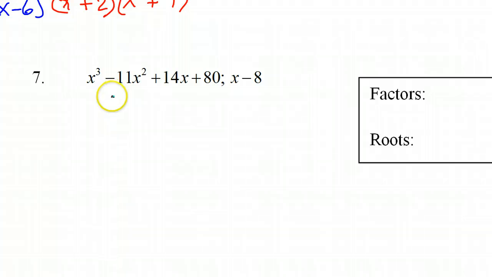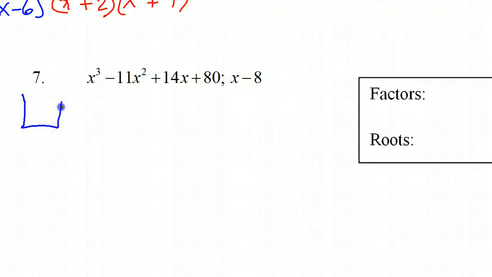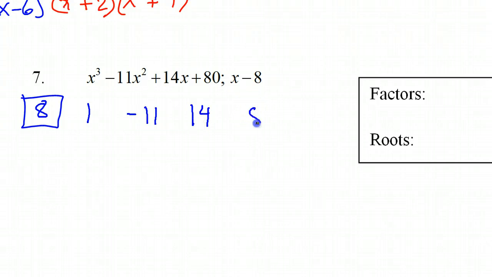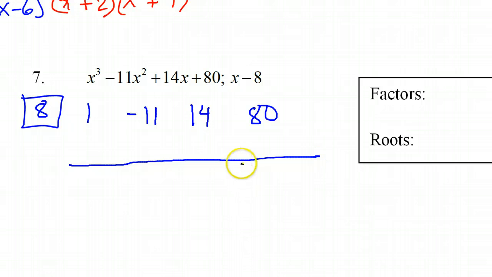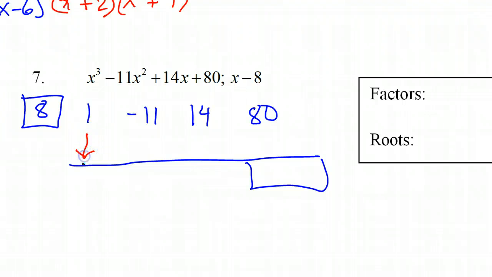Okay, number 7. This minus 8 is going to translate into a 0 or a root of positive 8. And then the coefficients. Bring down the 1.